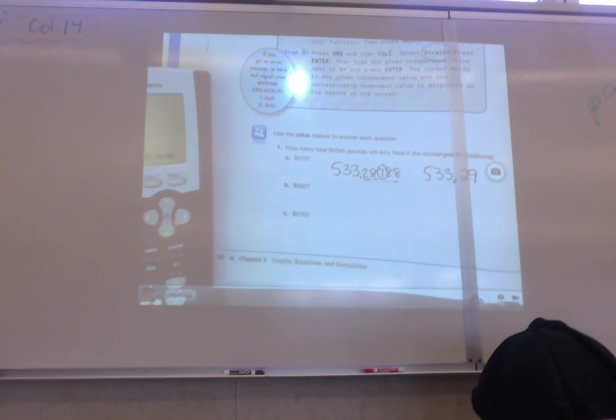Window range. What did you guys have for line 300?